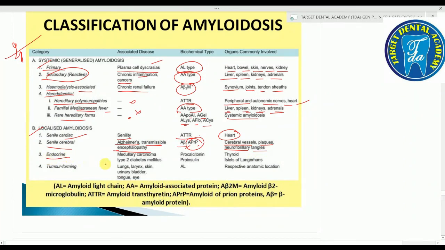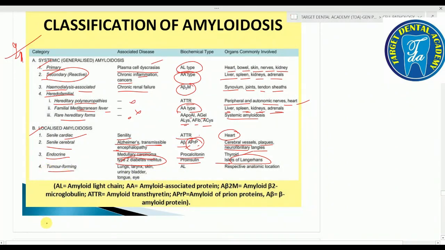The endocrine type, the diseases associated are medullary carcinoma and type 2 diabetes mellitus, and the biochemical types are procalcitonin and proinsulin. Procalcitonin involves the thyroid, and proinsulin involves the islets of Langerhans.